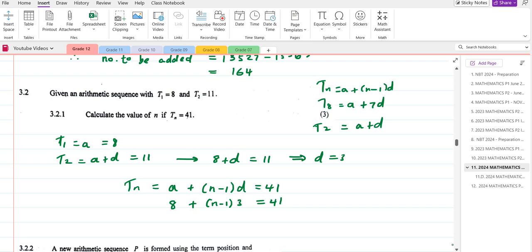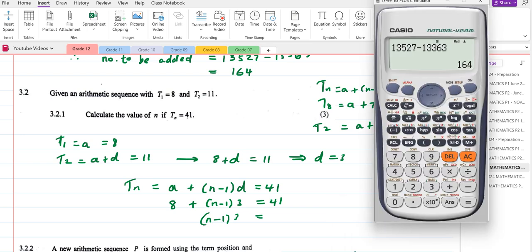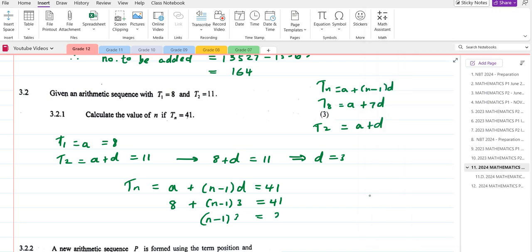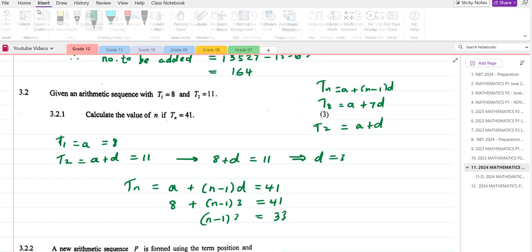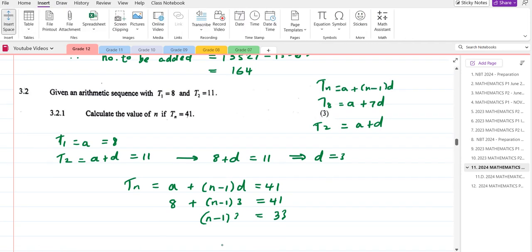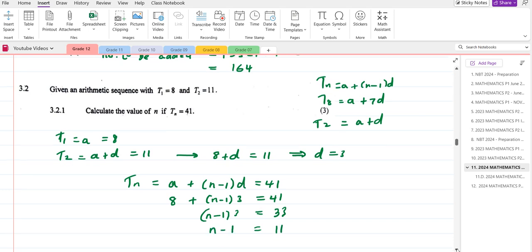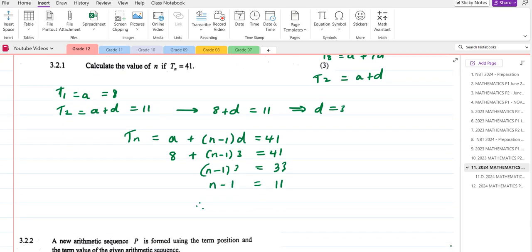So 41 minus 8, I'm getting 33, and then divided by 3 and add 1. Okay? So if I divide this by 3, I will get 11. Therefore, n equals 12. Right, so I hope you guys understood that.